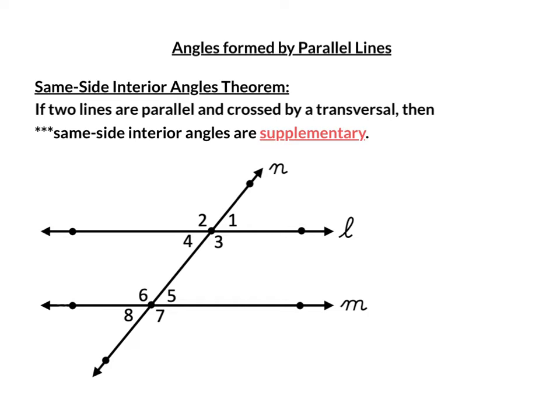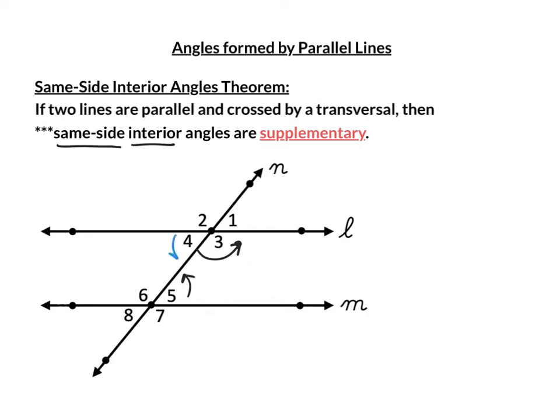So look at the way they're named. Same side interior. They're on the same side of the transversal and on the interior of the parallel lines. So angle 3 and angle 5, not congruent. I'm just showing you where they are, same side interior.